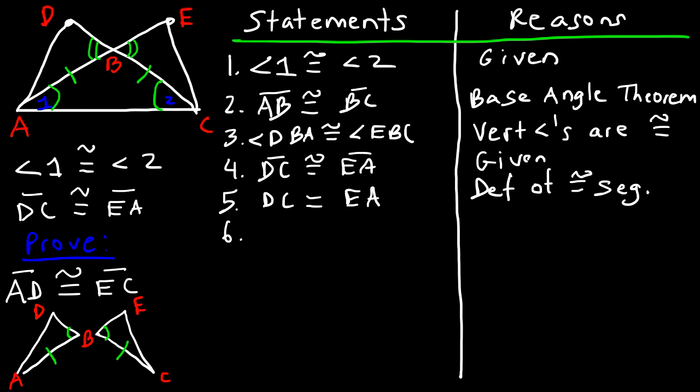Now, notice that DC is basically DB plus BC. If you add those two, you're going to get DC. And in addition to that, EA is basically AB plus BE. That will add up to segment EA. So let's replace DC with DB plus BC.